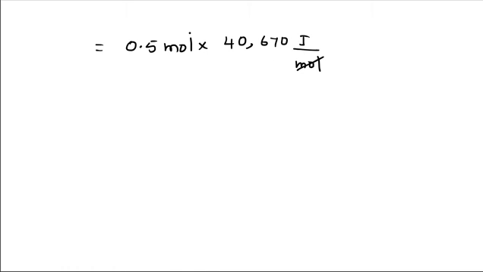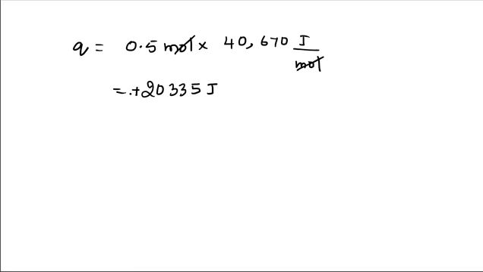So the moles cancel out and we get 40,670 times 0.5. So we get 20,335 joules. So this is the heat required to raise the 0.5 moles of water at 100 degrees centigrade to steam. So this is heat. And remember here we are vaporizing, therefore heat must be positive.